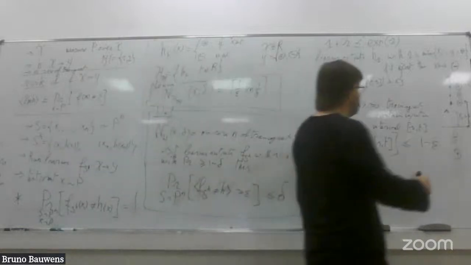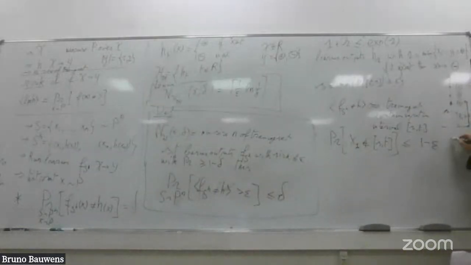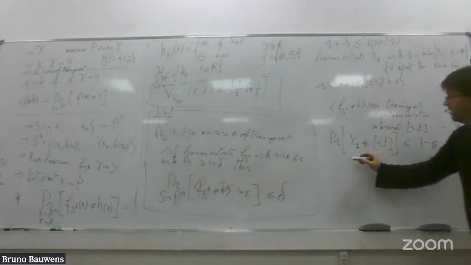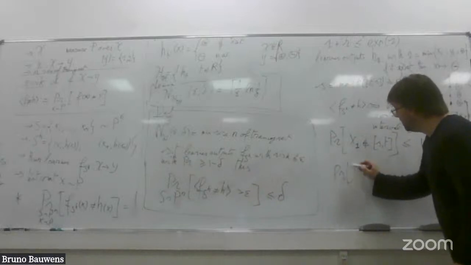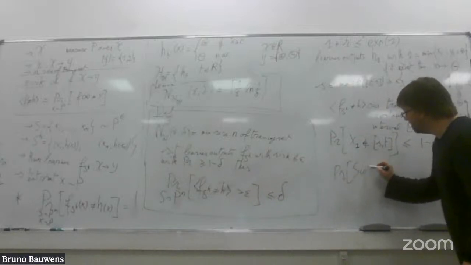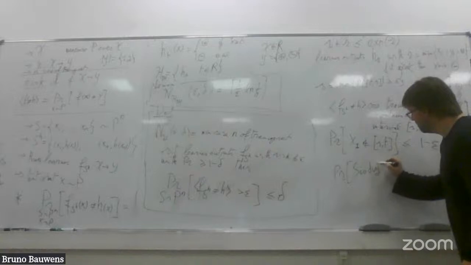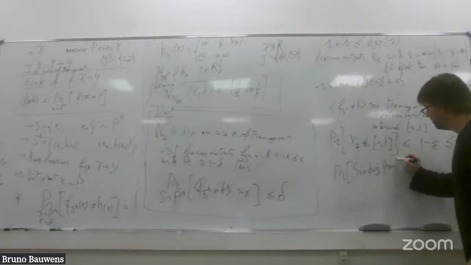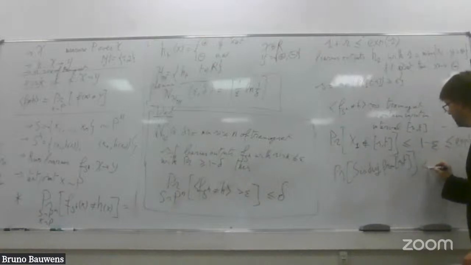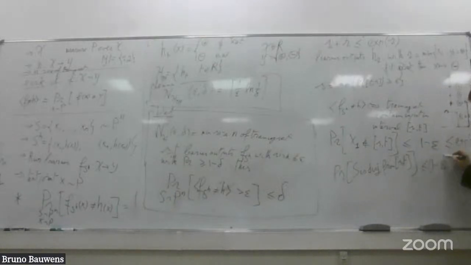So we also know that 1 minus epsilon is smaller than exponent minus epsilon. So the probability that S is disjoint from the interval is smaller than 1 minus epsilon to the power n, since they're independent events.